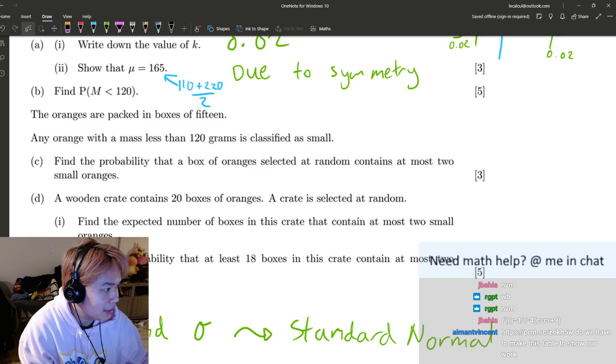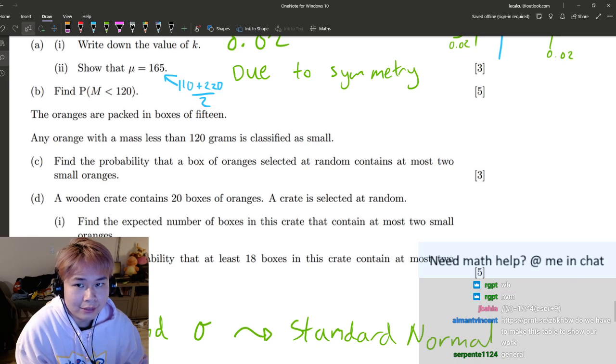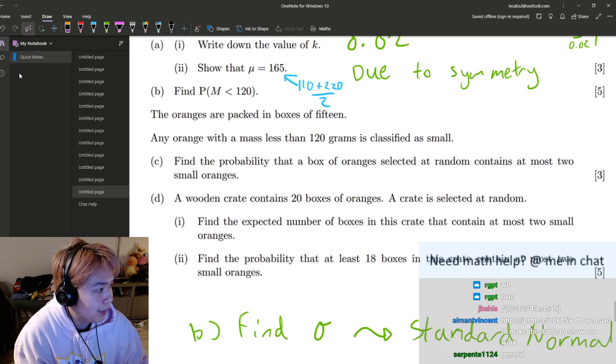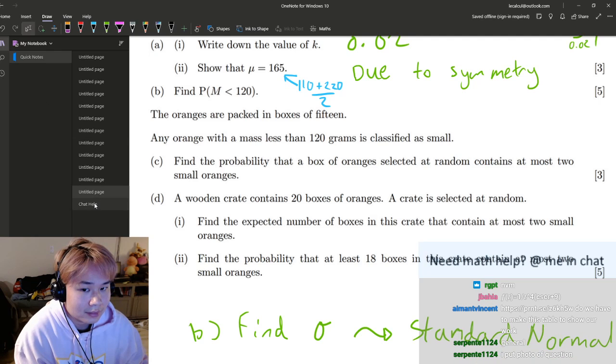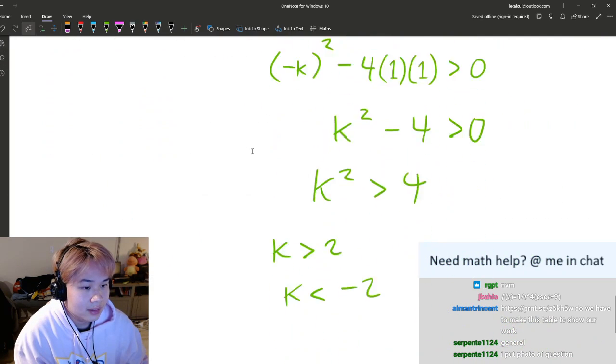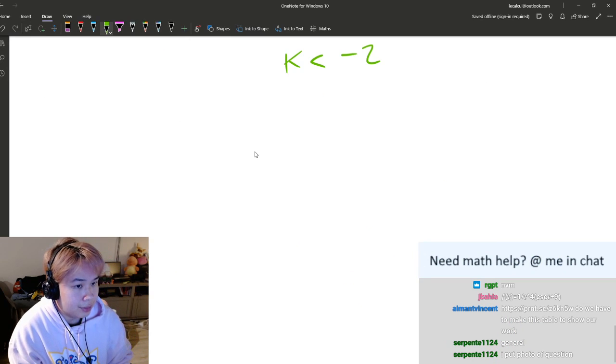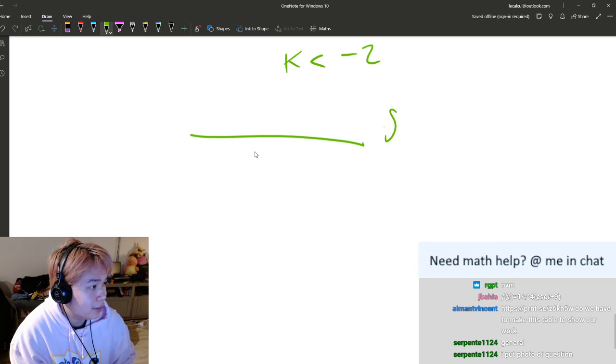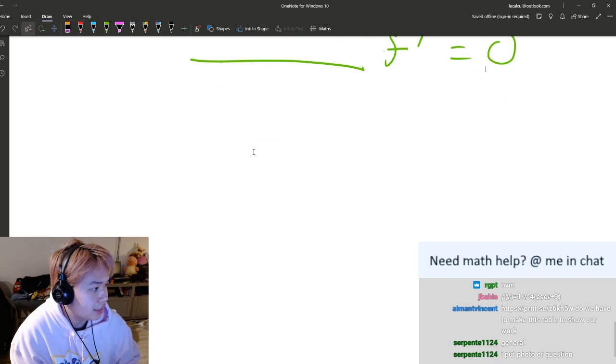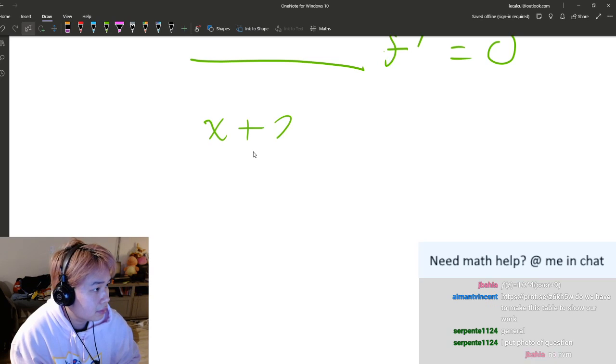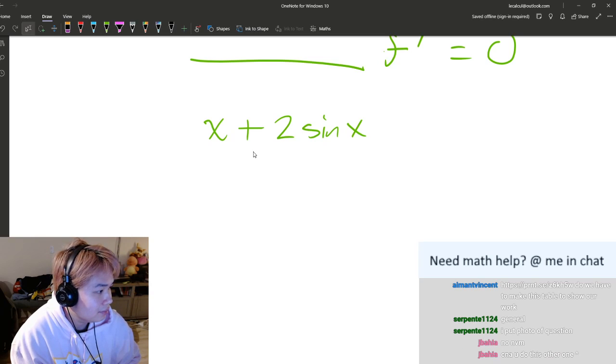Okay, next up was Jazz's question. For what values from 0 to 2 pi does this graph have a horizontal tangent? Okay, so horizontal tangents mean that your derivative is 0, right? So what you're going to do is take your function... never mind.